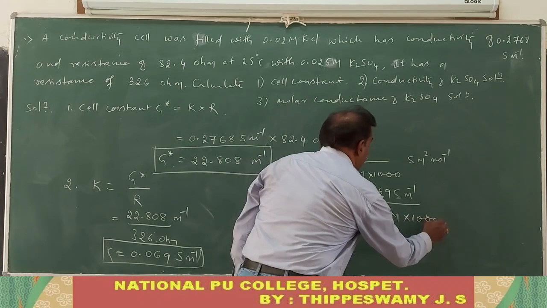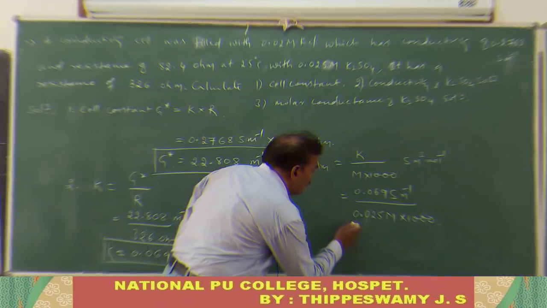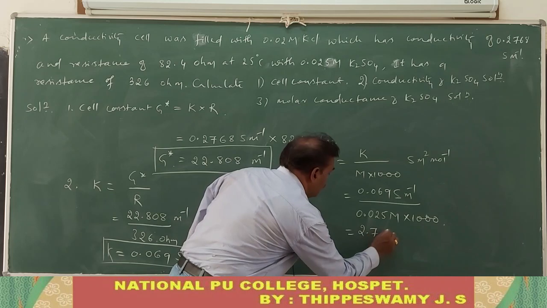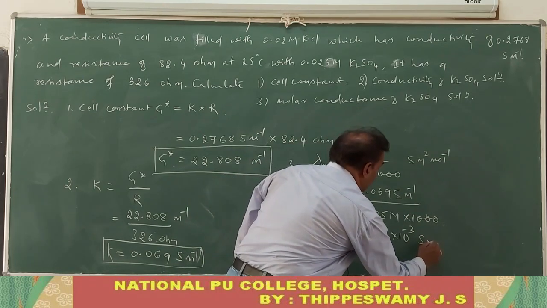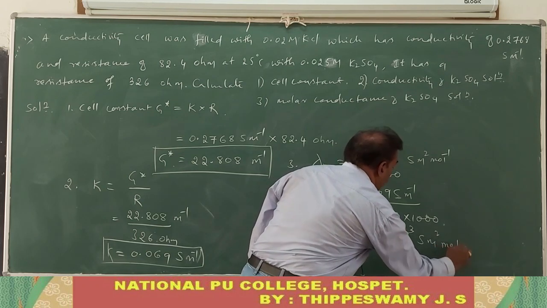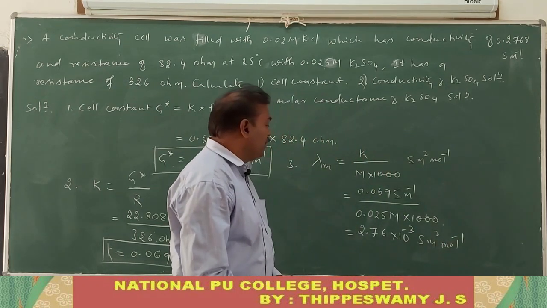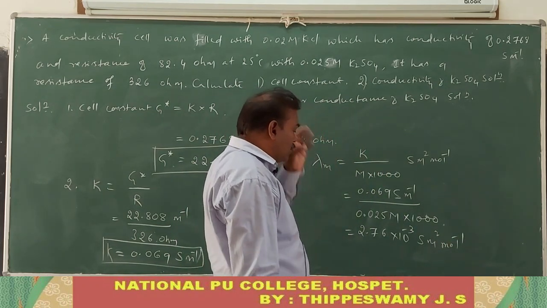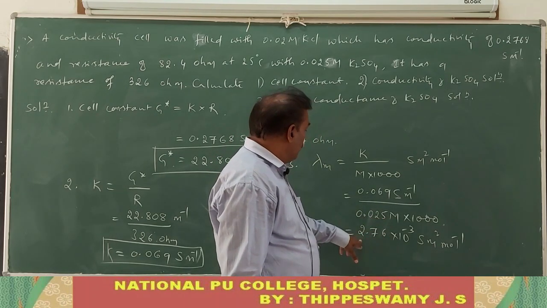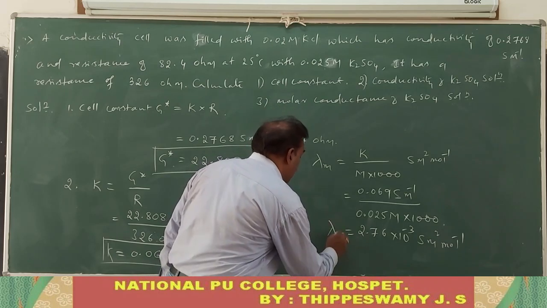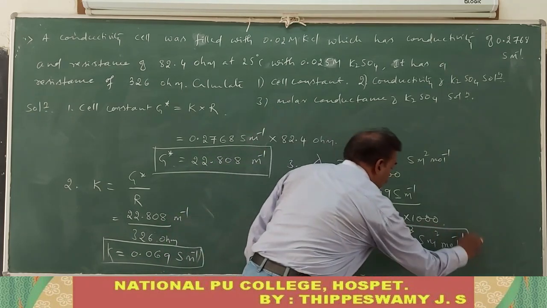Finally we get 2.76 into 10 to the power minus 3. We are getting the unit Siemens meter square per mole only. So this is the value of the molar conductivity, that is lambda m.